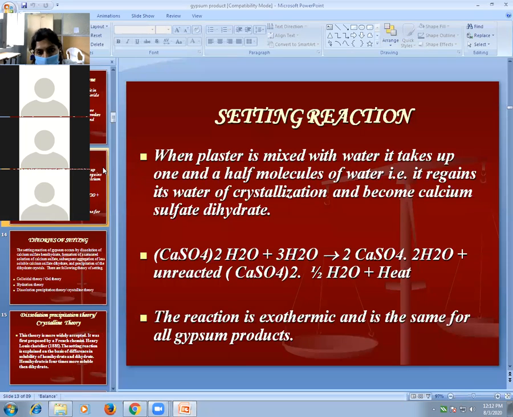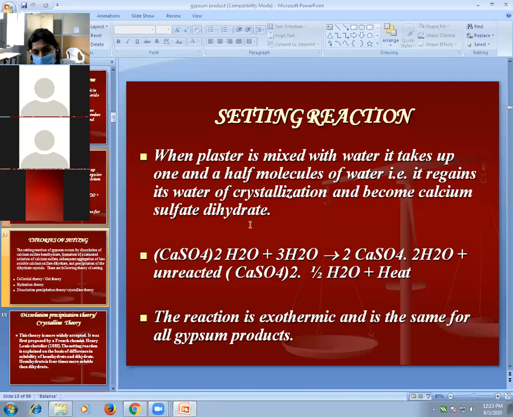When we mix dental plaster with water, it gains water of crystallization to become calcium sulfate dihydrate, that is gypsum, again. So here you can see calcium sulfate hemihydrate plus water gives calcium sulfate dihydrate, and the unreacted water remains.